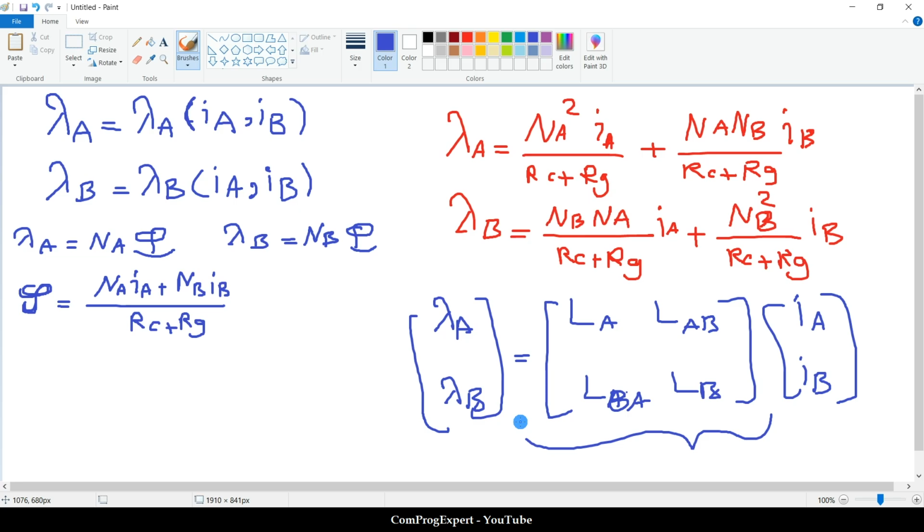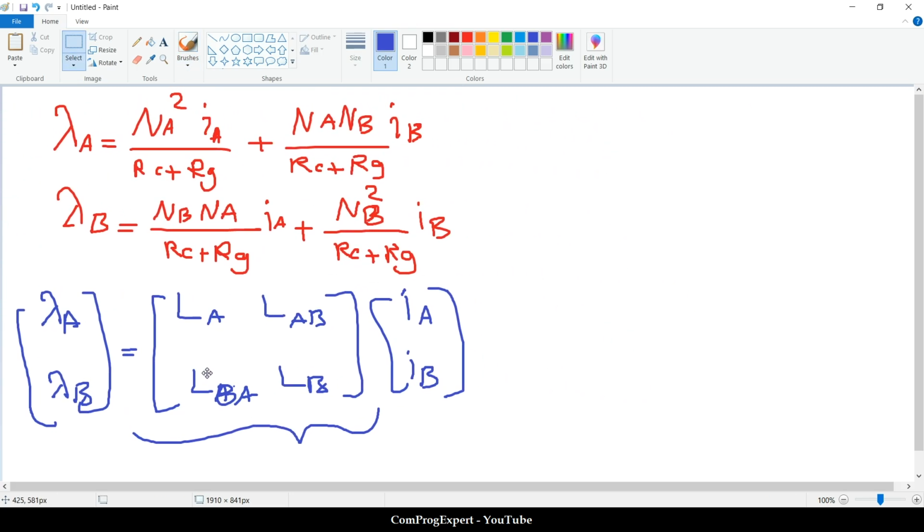According to this, we can write that LA is equal to NA to the power 2 divided by R, where R is the summation of R gap plus R core, the reluctance.